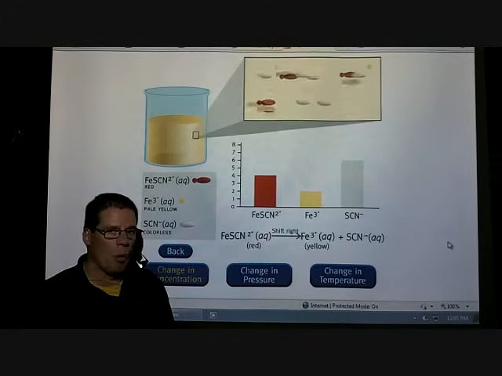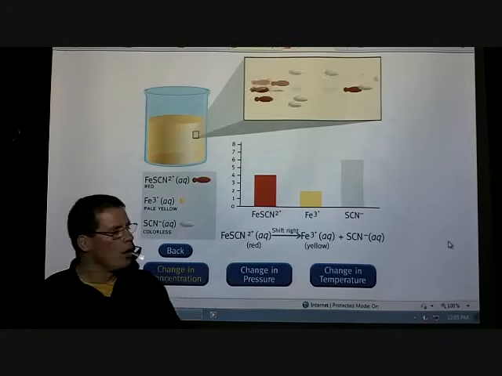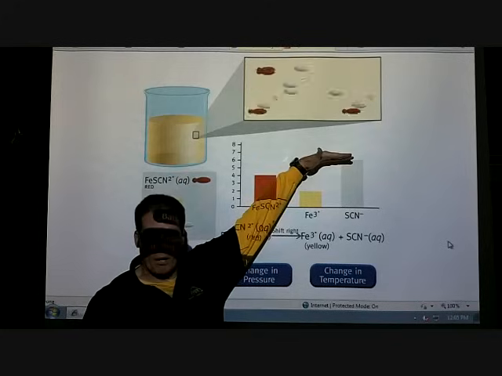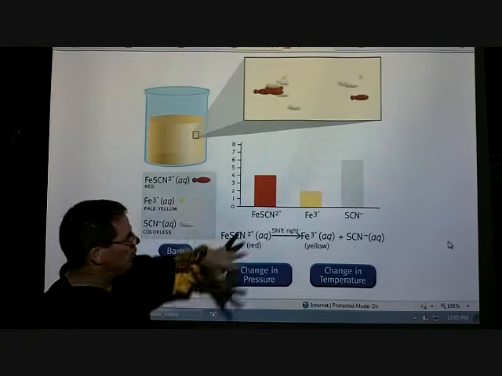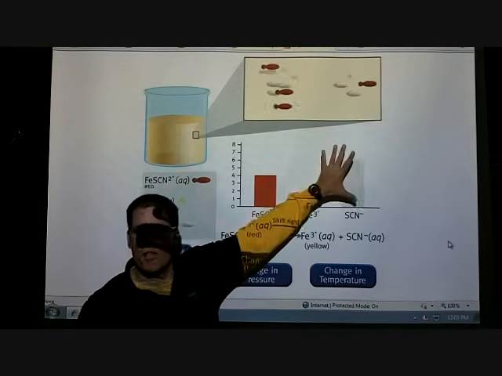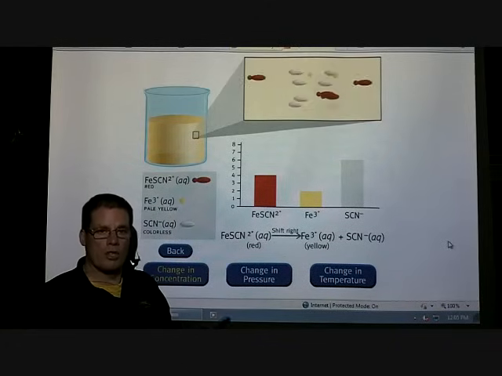Now, it's not going to restore it in the same amounts, but it will get it back to that ratio. So the amount of reactant should have decreased while both products had increased. So if I remove something, I think it's a little easier to see how the shift causes one thing to decrease while the other increases. Remove, shift toward. Add, shift away.